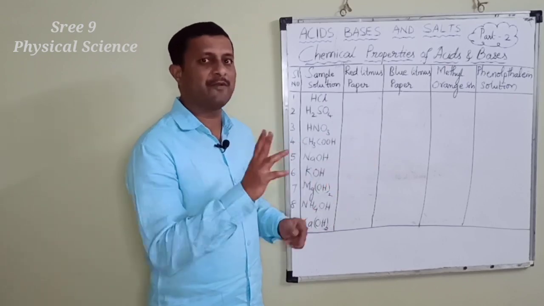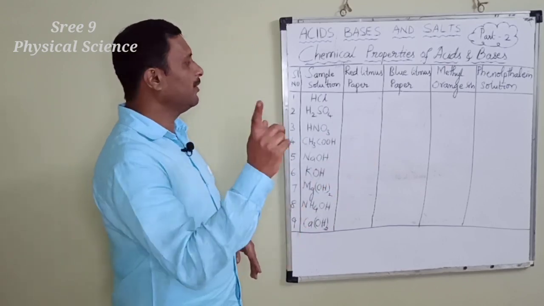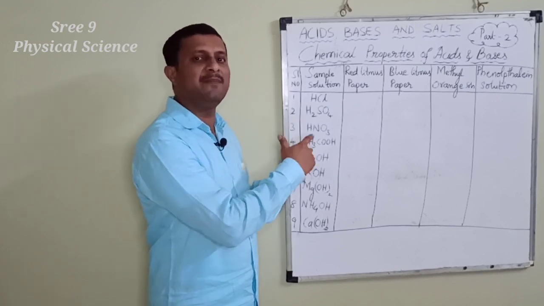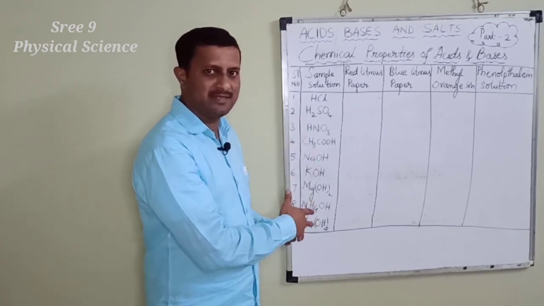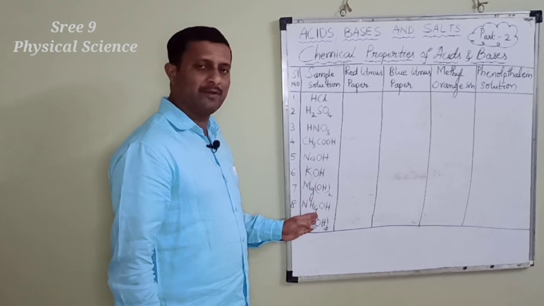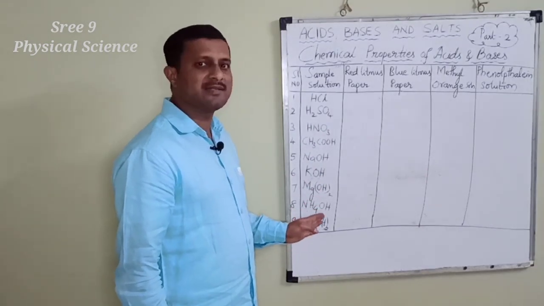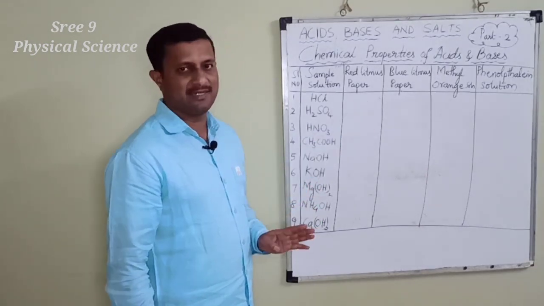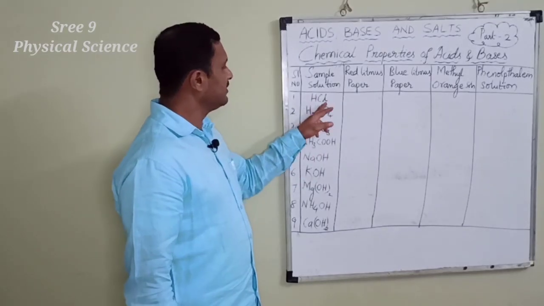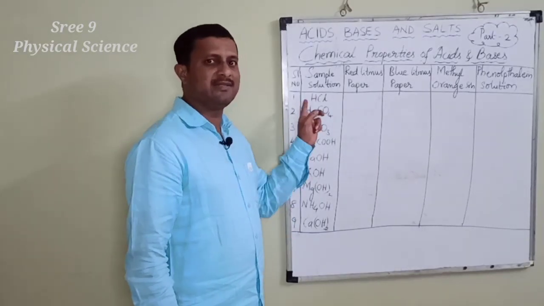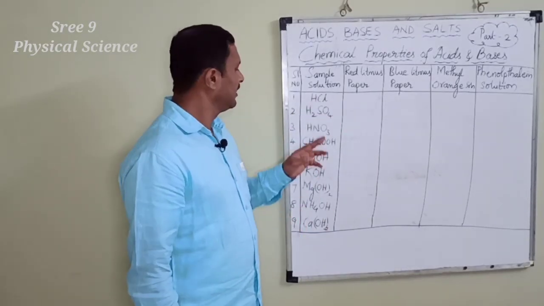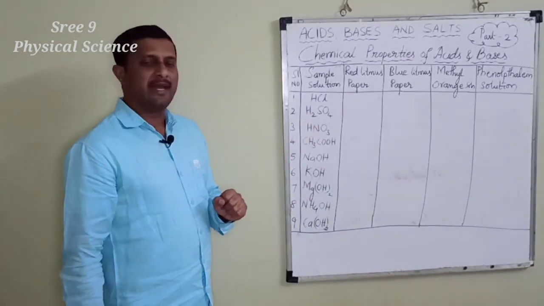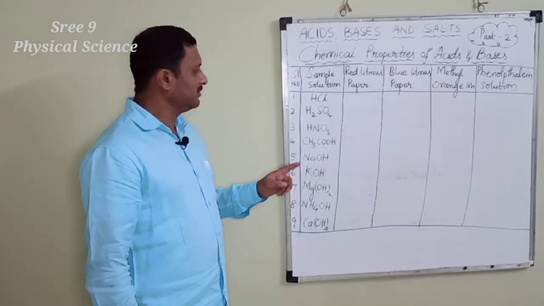Now let us see what we are going to do, right? First let us name the acids and bases, the chemicals given over here. Let us understand the names, then after we will see the results. Now HCl, as you know, this is hydrochloric acid. H2SO4, sulfuric acid.